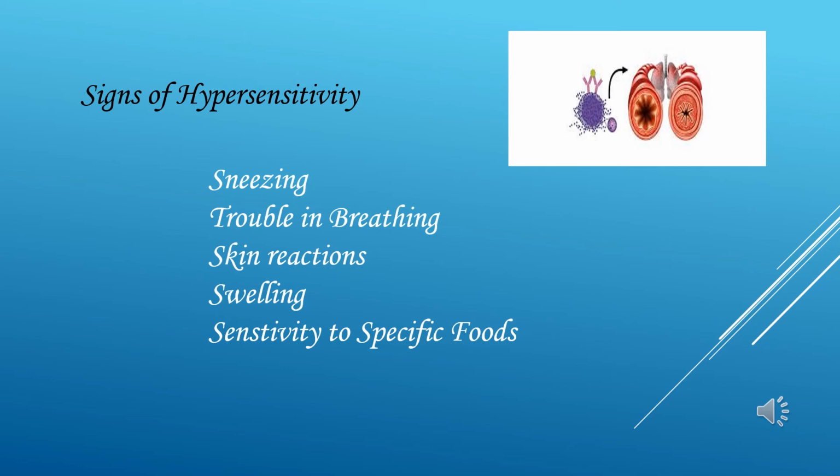So, this could be a sign of hypersensitivity. Trouble in breathing: when there is trouble in breathing with a cough, wheezing, and breathlessness, such as in asthma, this is caused by inflammation of the airways.